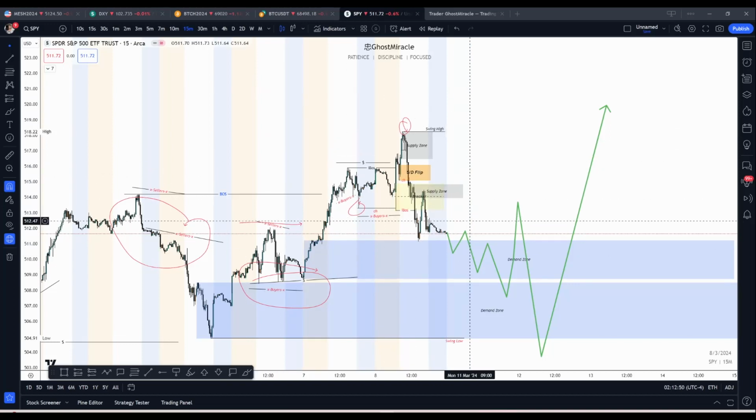So I'll get my change of character on 5 minute, which would give me the change of character and internal break to go to the upside, as opposed to tap and getting the choke and then entering on the retest.